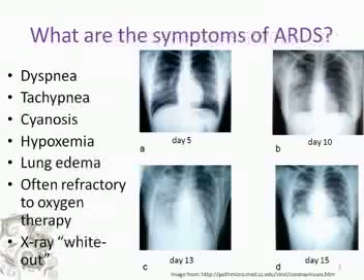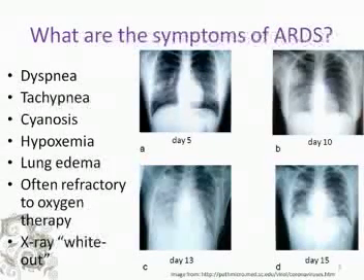Hypoxemia, decreased partial pressure of oxygen in the blood, specifically sometimes less than 60 millimeters of mercury. That's usually a cutoff. Lung edema, like we just talked about in the case of a shock patient. Oftentimes, they're refractory to oxygen therapy. They're not going to respond.